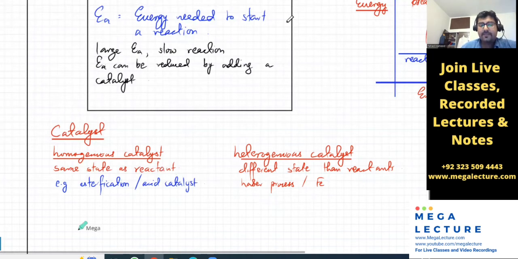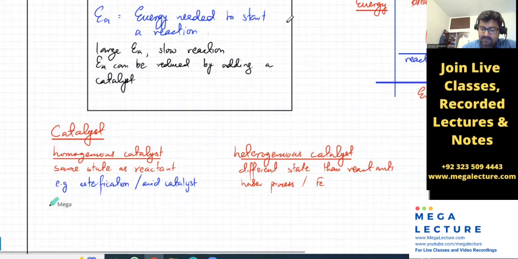So moving on, how does a catalyst reduce activation energy? Just give me 1 second. So, how does a catalyst reduce? Now every reaction has a certain problem.